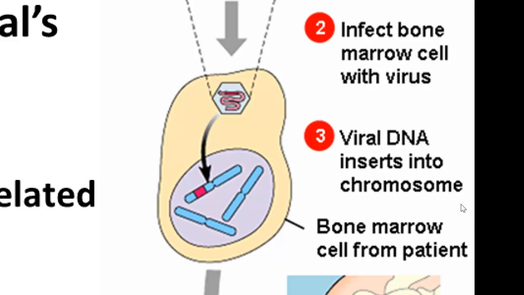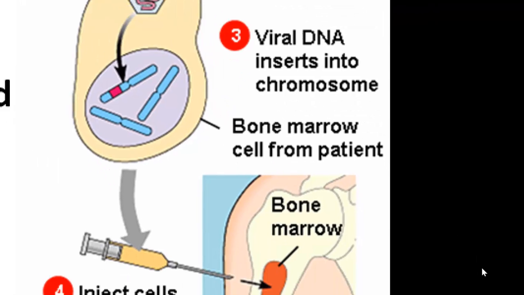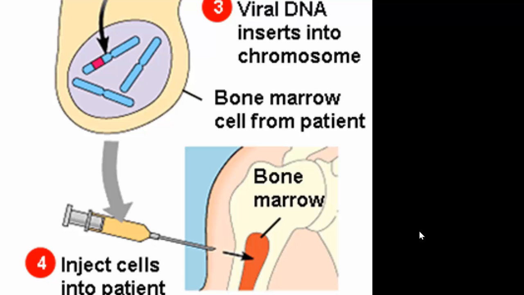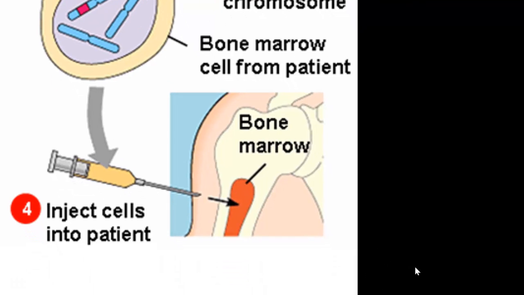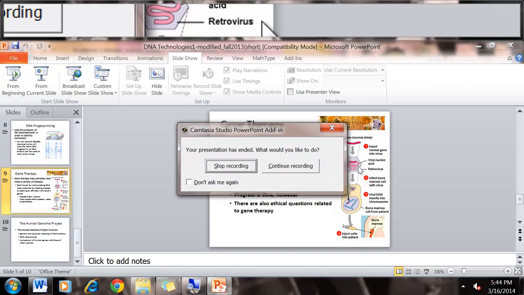Then the viral DNA is inserted into the chromosomes, which is right there, and then the bone marrow cells from the patient. And then you inject the patient with the bone marrow, and it's supposed to grow inside the bone marrow and hopefully create more normal cells. Alright, so let me get back to where we need to be.